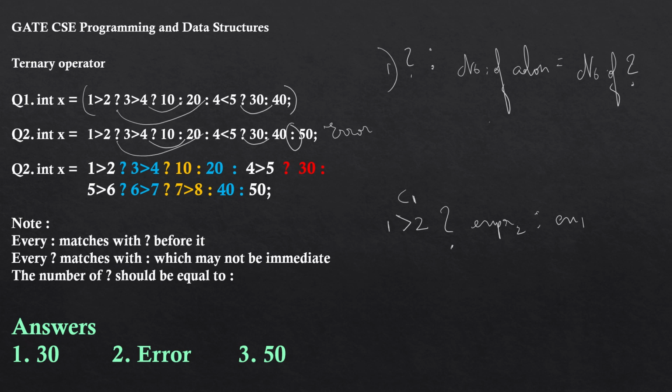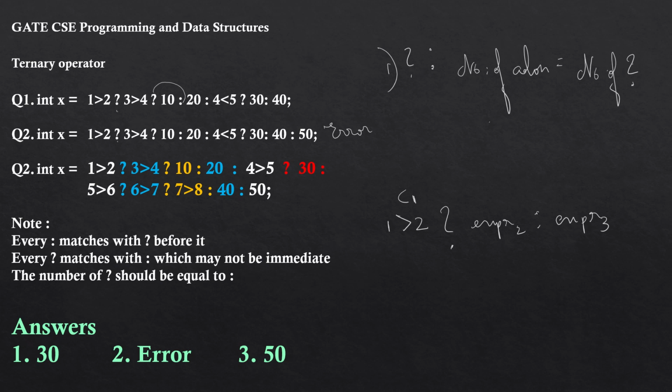Otherwise, it will do some other set of expressions. So now, how do you know which colon goes with which question mark? So the rule says that every colon should match with the question mark before it.